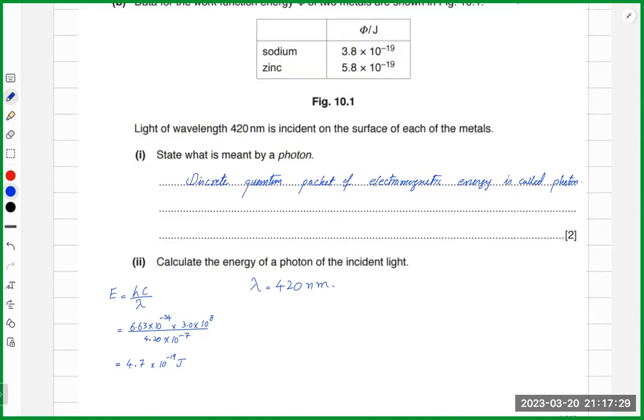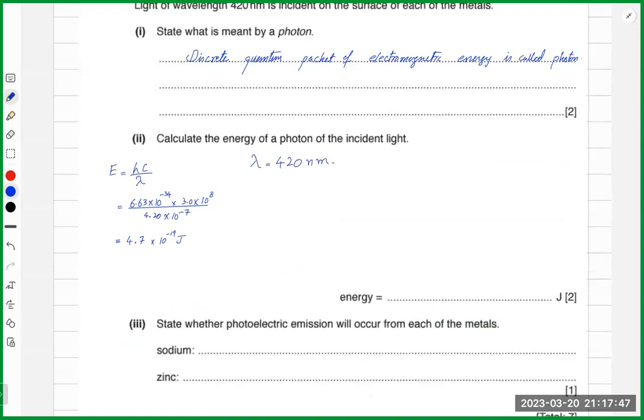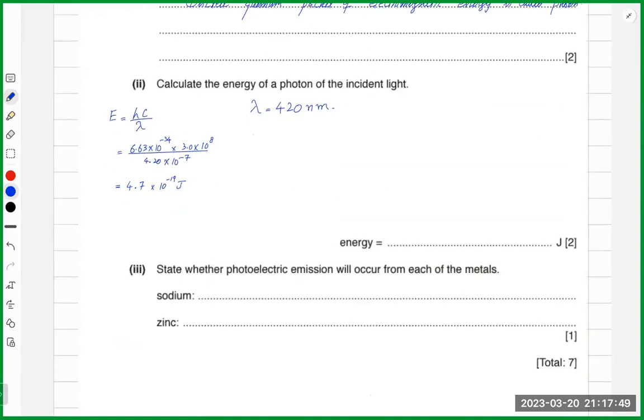Sodium requires a minimum energy of 3.8, and we have 4.7. So sodium will emit and zinc won't. Photoelectric effect can happen in sodium, but cannot happen in zinc. Whether the photoelectric effect will occur with each of the materials: sodium, yes. Zinc, no.